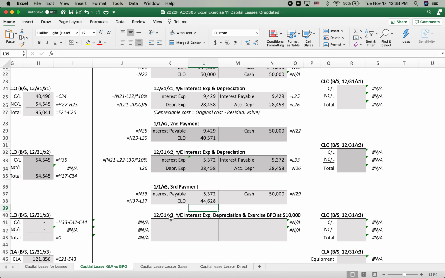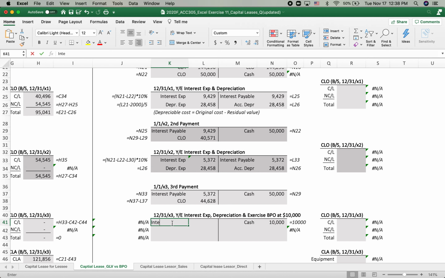So CLO is still remaining, even though the company paid the last term, the $10,000 is remaining. Okay, so that produced the interest expense. Don't forget that. Then cash, how much is the cash? Right, the exercise of $10,000 of this bargain purchase option.